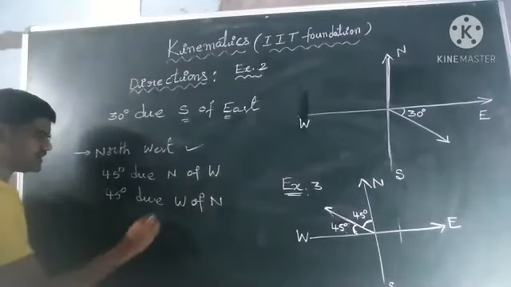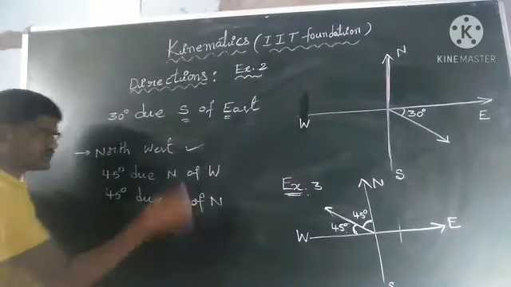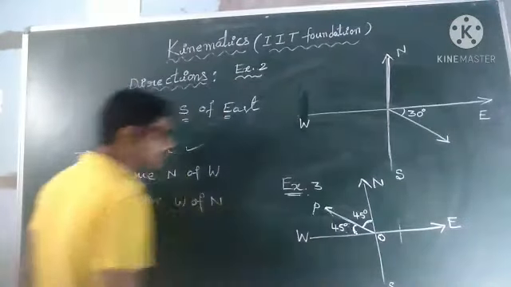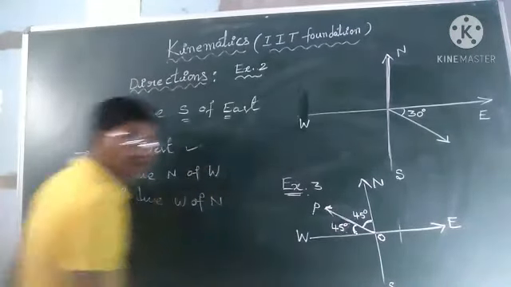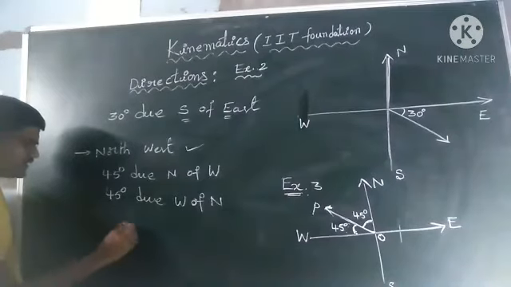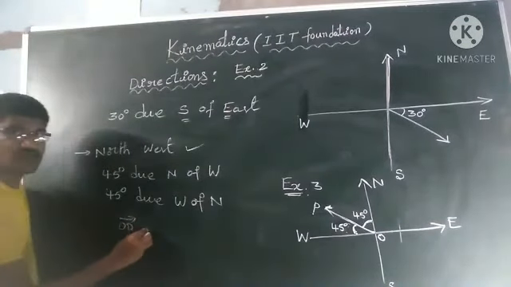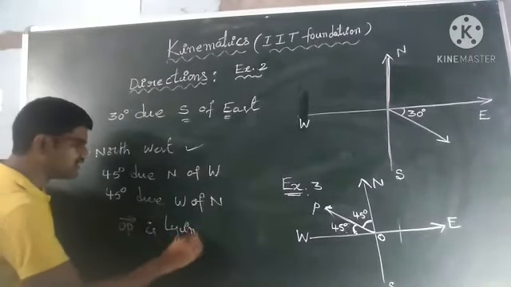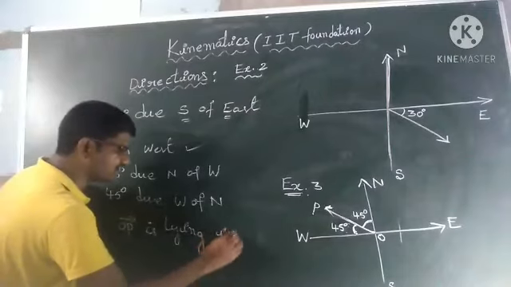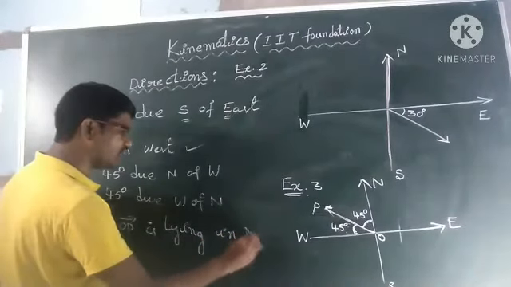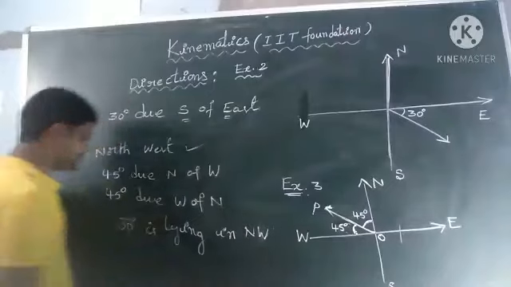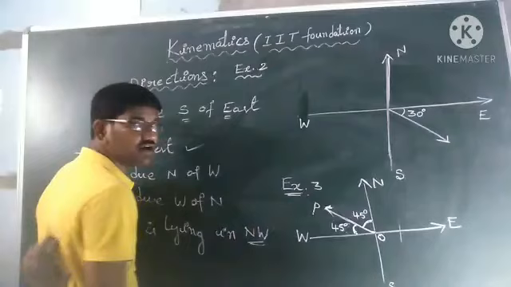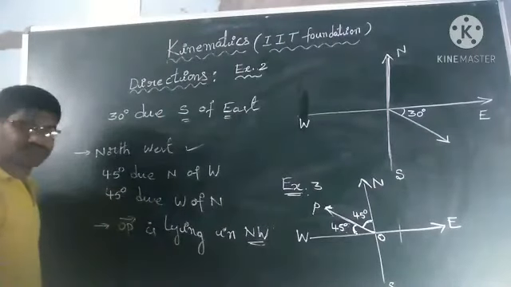So you can simply say the given displacement, some OP bar if I call it, where this is the initial position and this is the final position, then the displacement OP bar is lying in the northwest. It is sufficient. It is exactly in the middle of the north and west. It is sufficient for us.